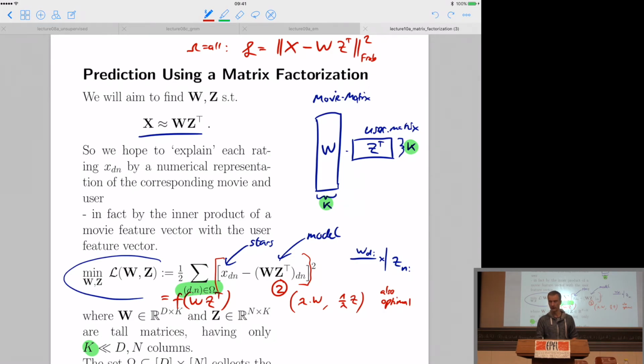It's actually very hard. Even for k equal 1, it becomes NP hard to find the minimizer of this thing. Not for omega being full, but it becomes hard when omega is a particular pattern of the observed entries.